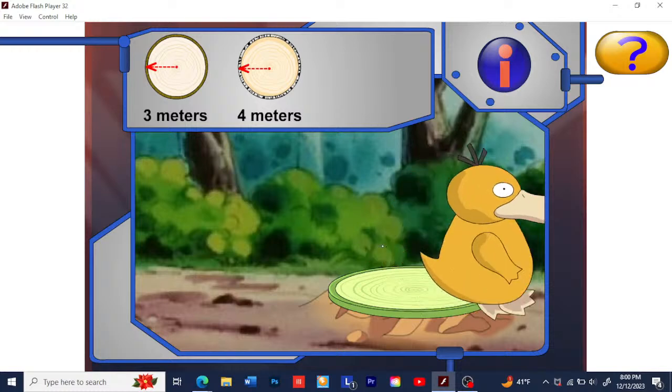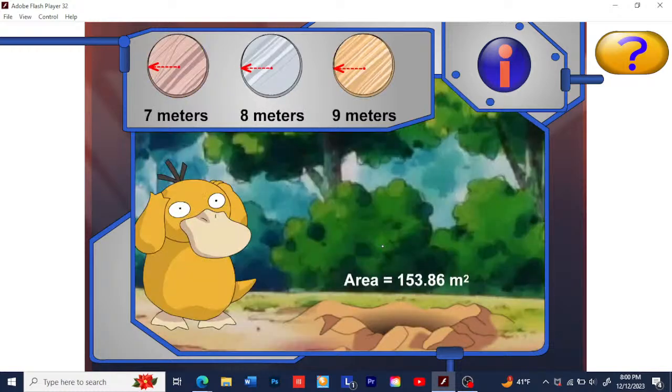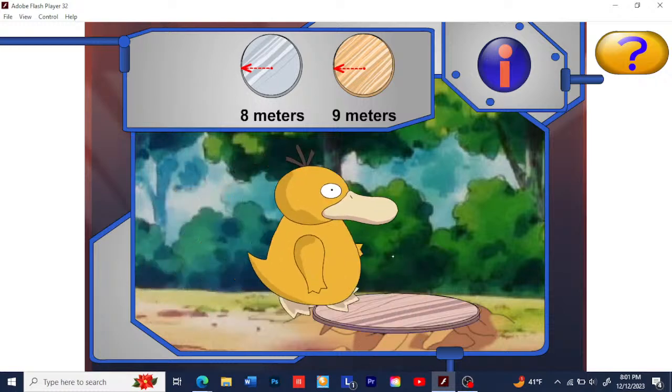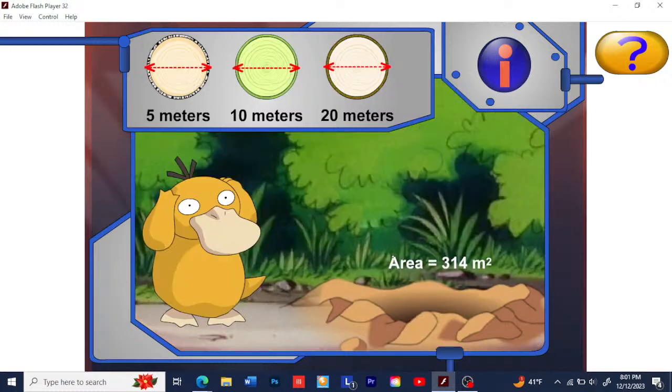Awesome! Here are more holes to fill. Great! Which circle will fill the hole in the path?